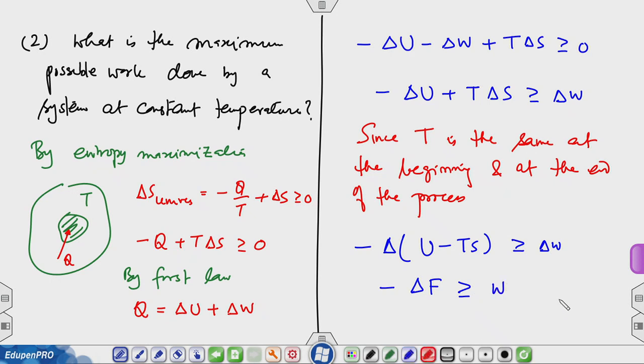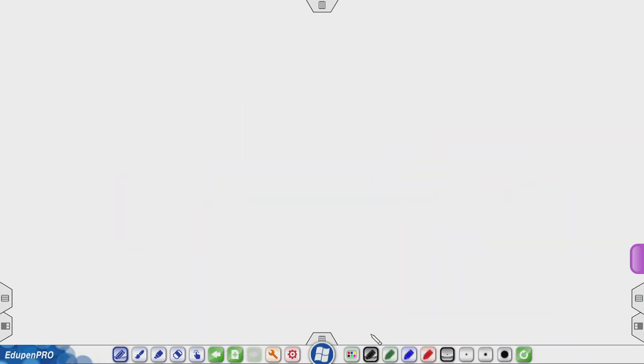So if the system is going from, say, state 1 to state 2, then I can write that F1 minus F2 is greater than or equal to W. So the maximum work that can be obtained is the change in the free energy of the system. Now, this is slightly different from purely mechanical systems.